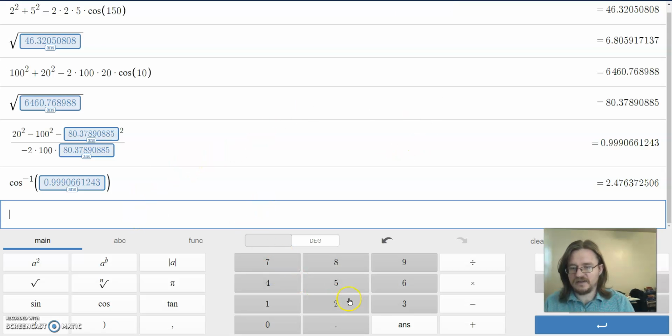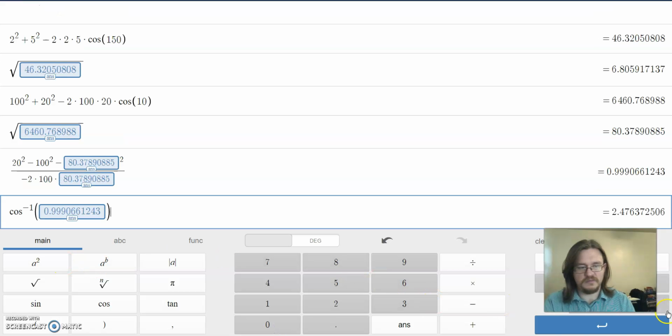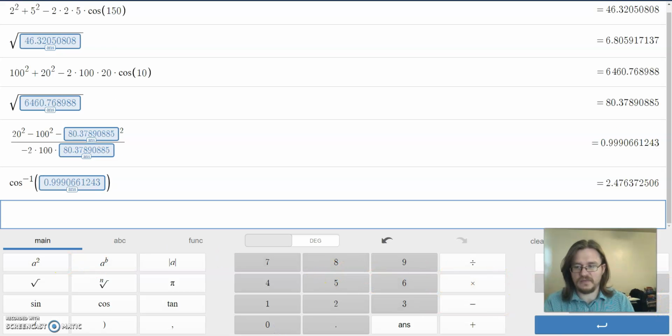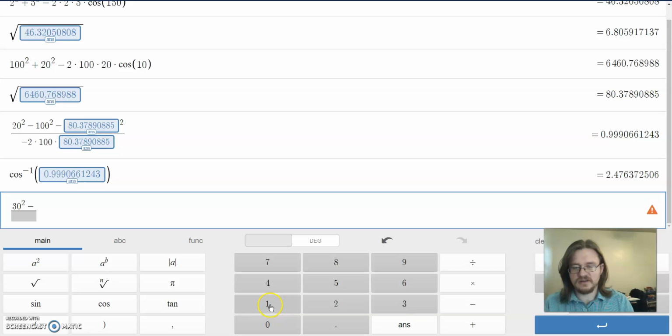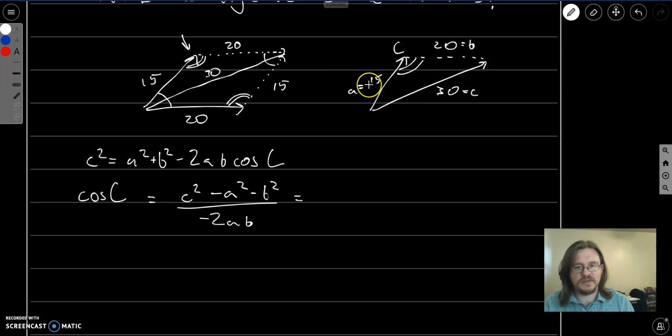And we've got 30. Let's make a fraction. And we'll take 30 squared minus 15 squared minus, was it 20 squared? Just want to check and make sure. Yep, A was 15 and B was 20.